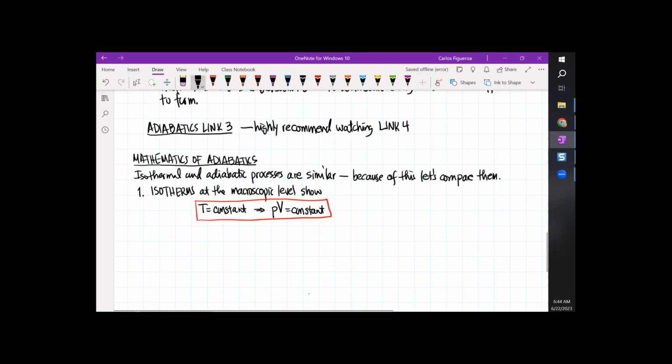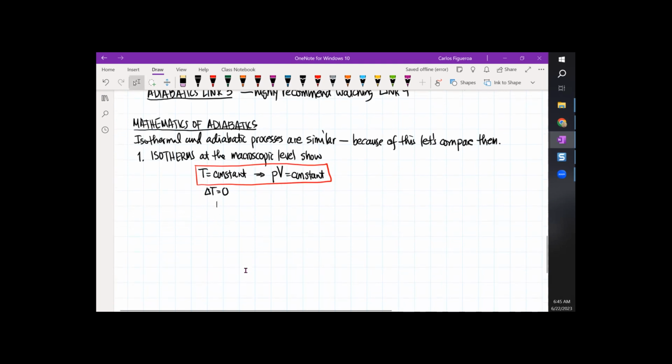It may have been more useful to just say that delta T is 0, because then it follows very similar to an isotherm.